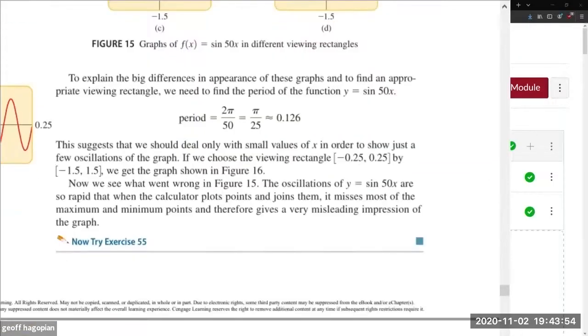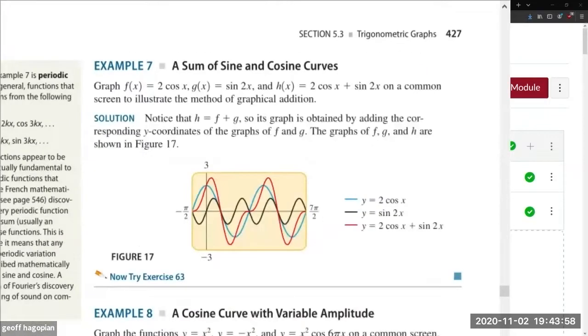And so they're talking about this period. Okay, so now here they're talking about a sum of sine and cosine curves. So they've got f of x is twice cosine x, and g of x is sine 2x. So here we have the cosine curve has amplitude 2 and period 2 pi, whereas the sine curve has amplitude 1 and period pi.